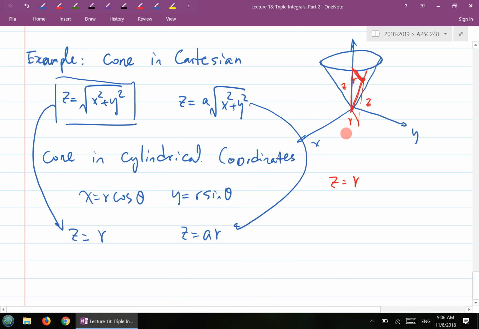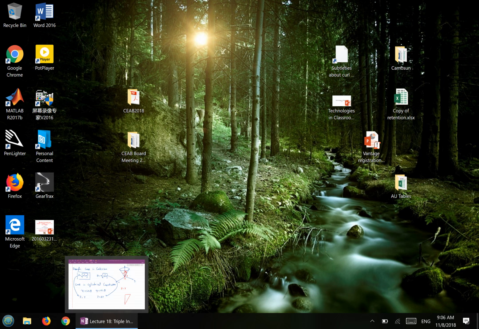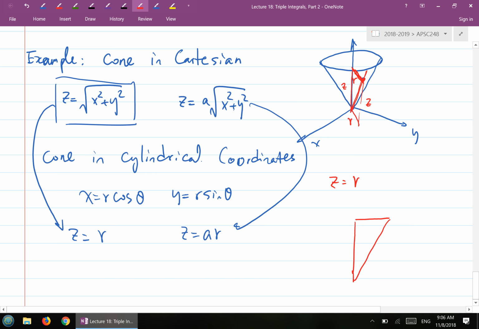If I take it out over here and just look at this right triangle, here's Z, here is R, all right?